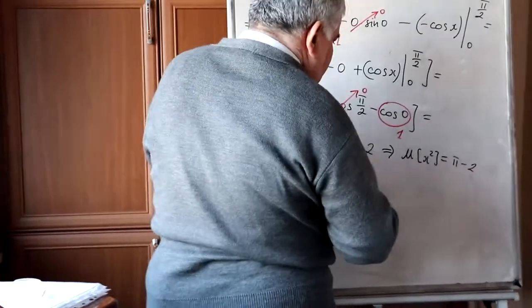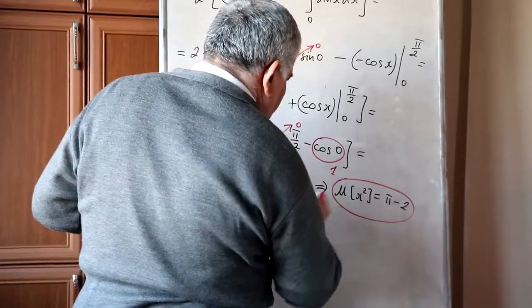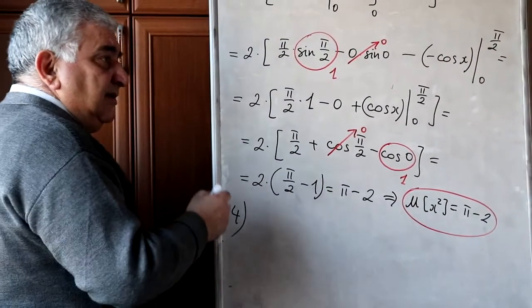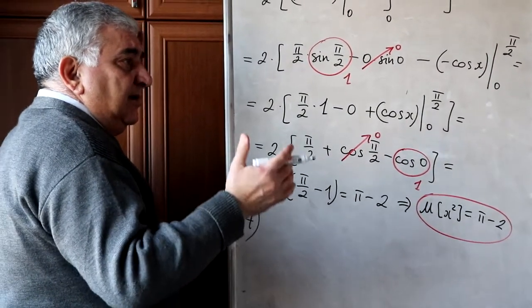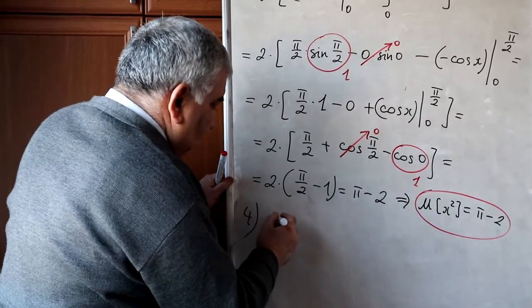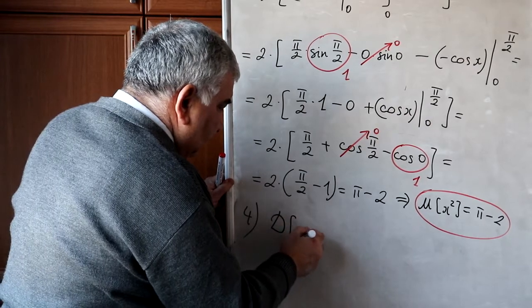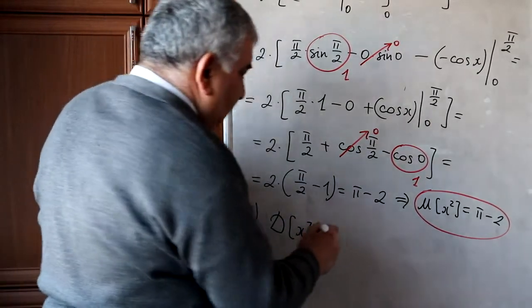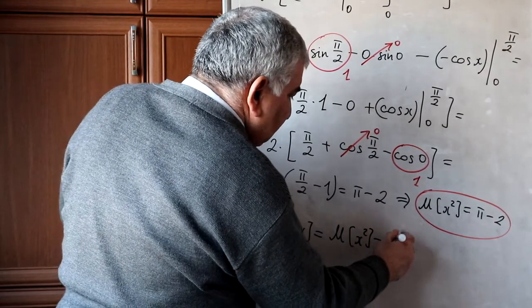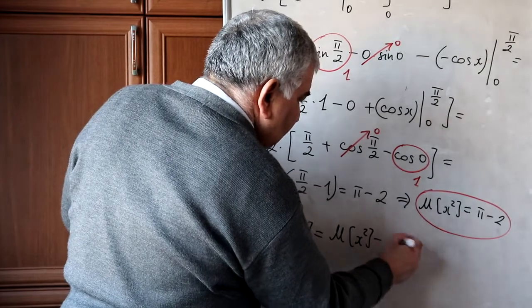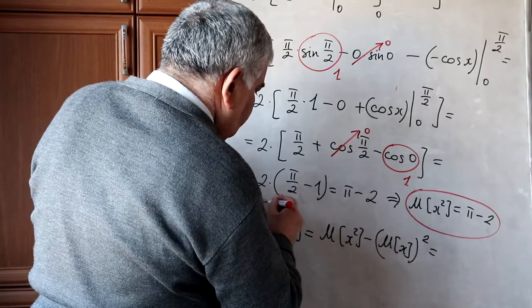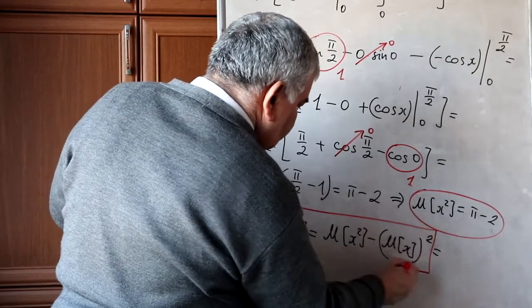And finally, go to the last step, the fourth step. In this step, already we can calculate the variance itself. Variance dx is according to the following formula: mx squared minus the square of mx equals, it is the norm formula.